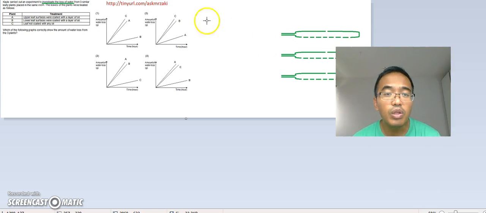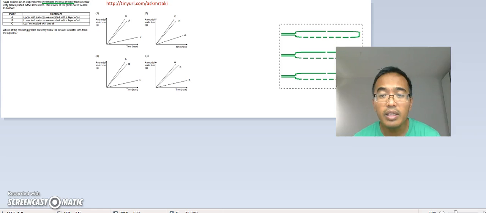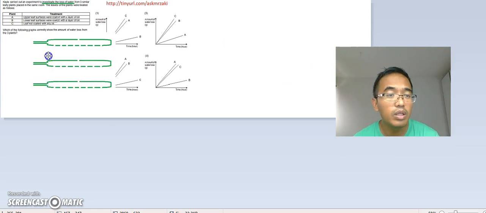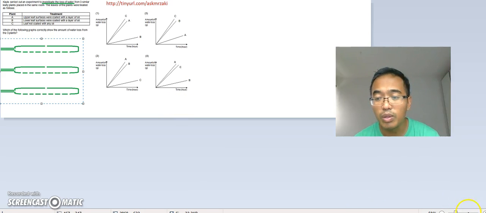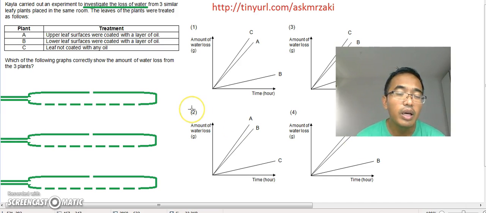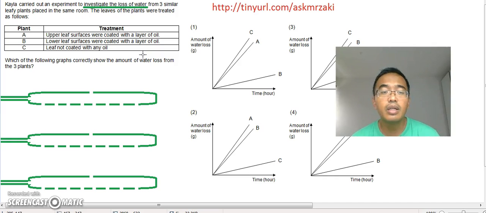Okay, so if you were to coat the leaves of the plants with oil, then we will have lesser stomata opening up to allow the water molecules to escape.